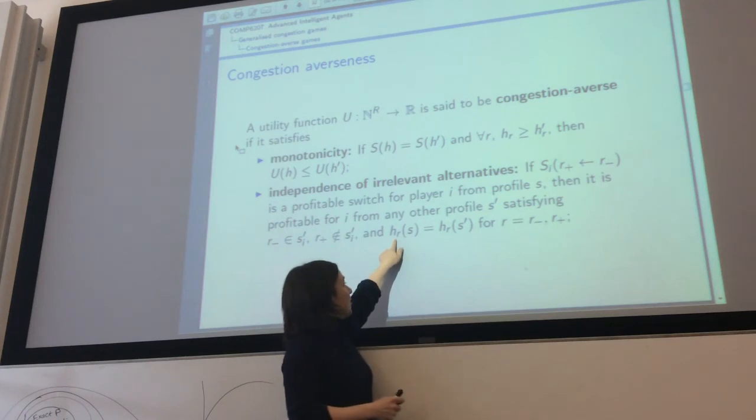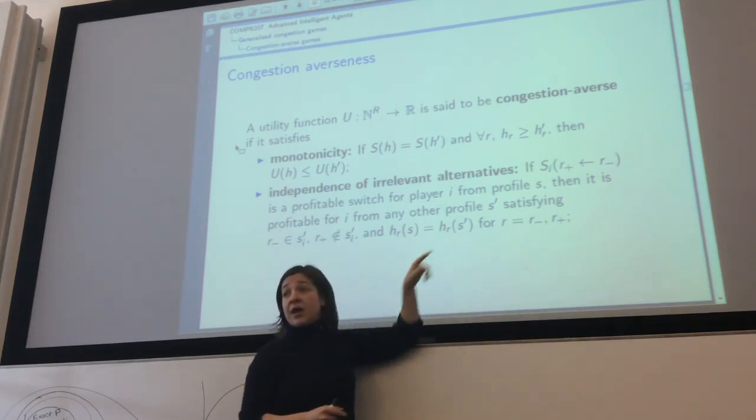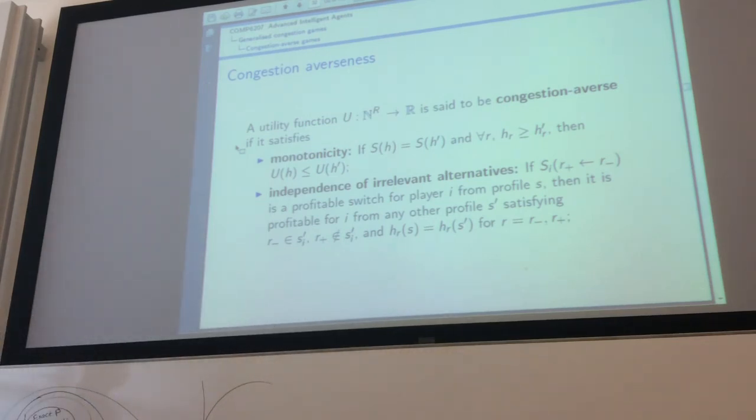And also the congestion on these two resources only is exactly the same in S and S prime. What's going on elsewhere does not affect the choice of agent I. Okay.